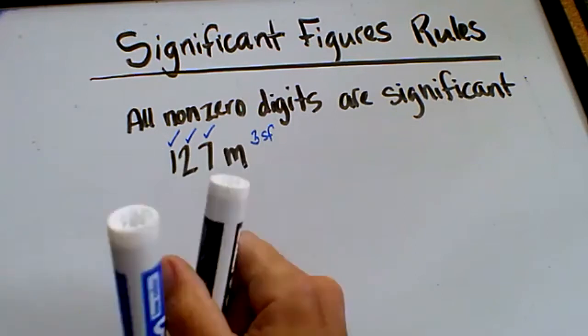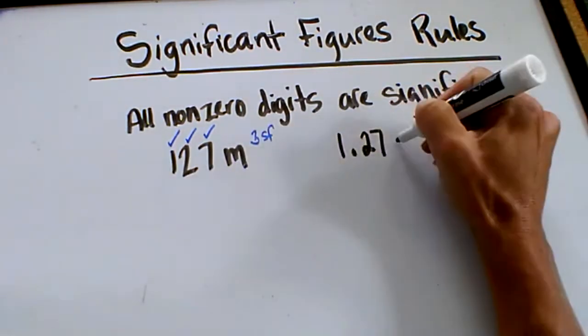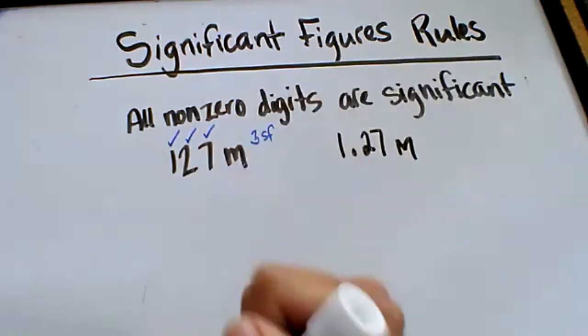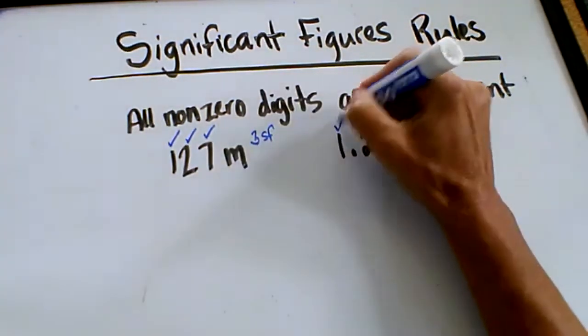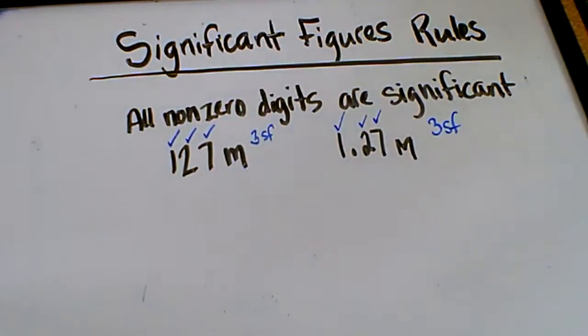I could move the decimal. I could say that I have 1.27 meters. How many significant figures? Well, all of these are significant because they are not zeros. So that's going to give you 3 sig figs.